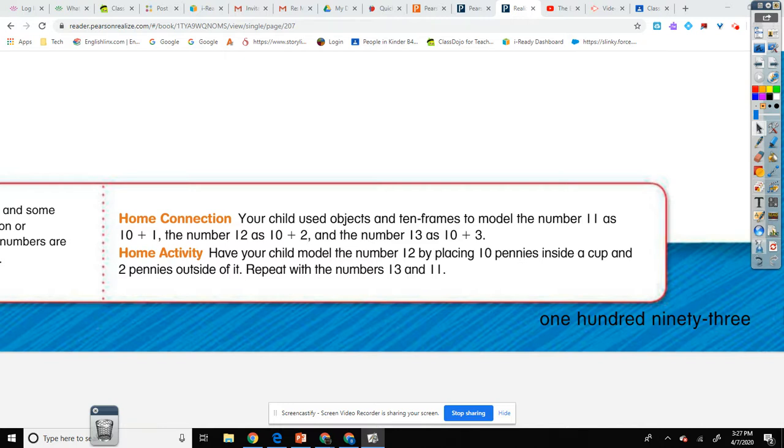Now you have 10 plus 3, which is equal to 13. For 11, you put 10 rocks in a cup, 1 rock outside, that's 10 plus 1, that again represents 11. Or you can use 10 pennies or other things. All right, have fun at that.